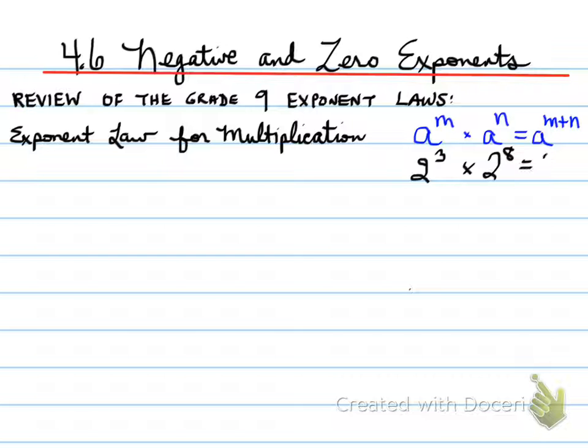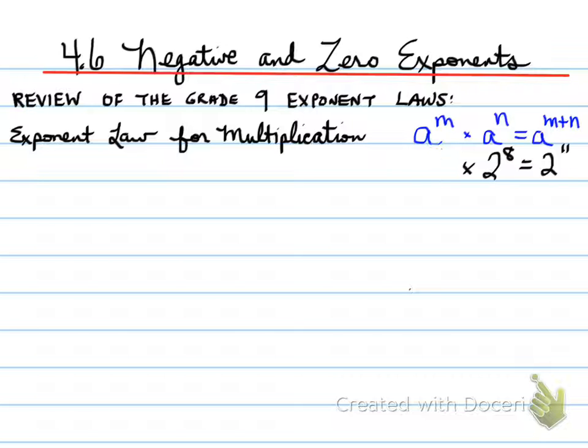Well, folks, that's going to equal 2, because again we share the same base, to the power of 3 plus 8, which makes it 11. So that's an example of the exponent law for multiplication.